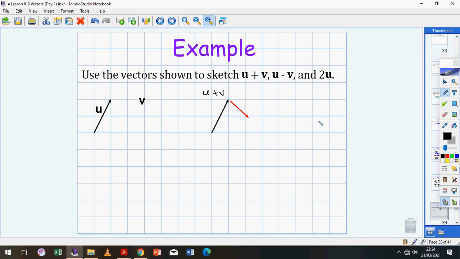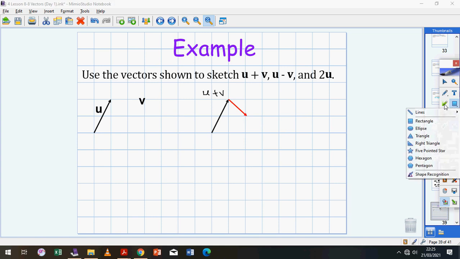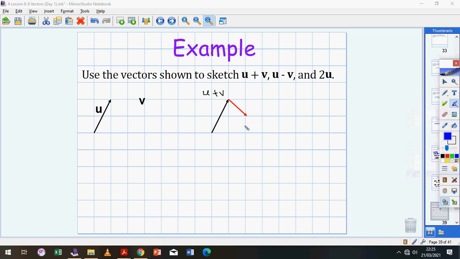Then if I want to get the resultant, I just draw a line from the tail of the first vector to the head of the last vector, and that line will be my resultant vector. That's my resultant vector there.